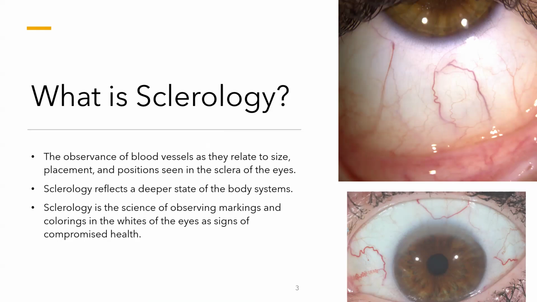The sclerology, of course, is going to reflect a deeper state of body systems. Now, one of the things that Leonard said first on when I started studying with him was you can see from the sclera sometimes an event that can occur within a 3-year period.